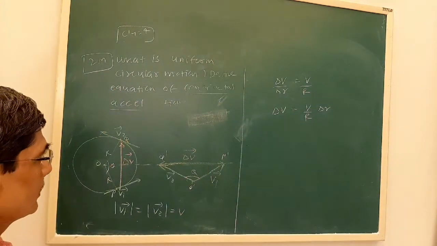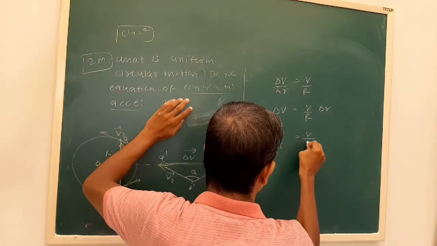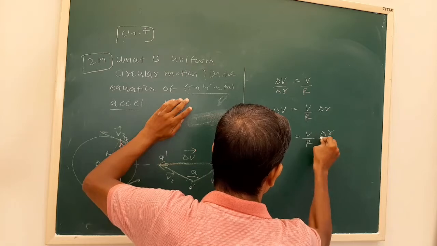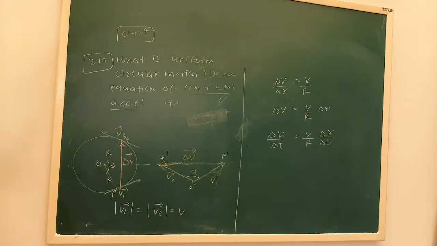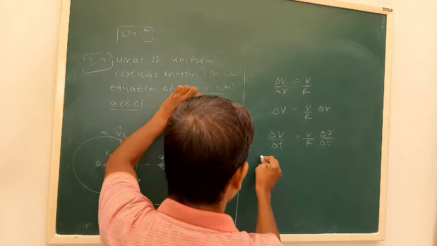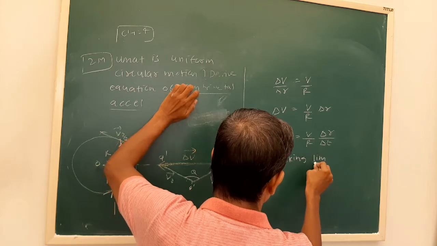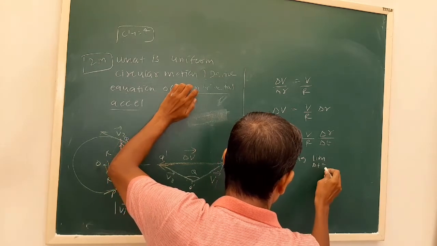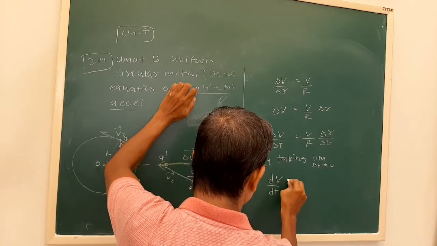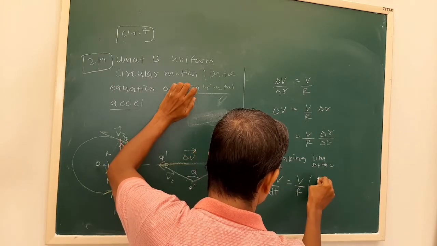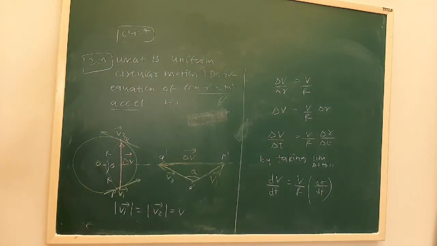Okay, we divide by delta T on both sides. See what we have done, we have divided by delta T. By taking the limit delta T tends to 0, delta V becomes dV by dt, equals V by R times dr by dt. Now dr by dt is nothing but speed.